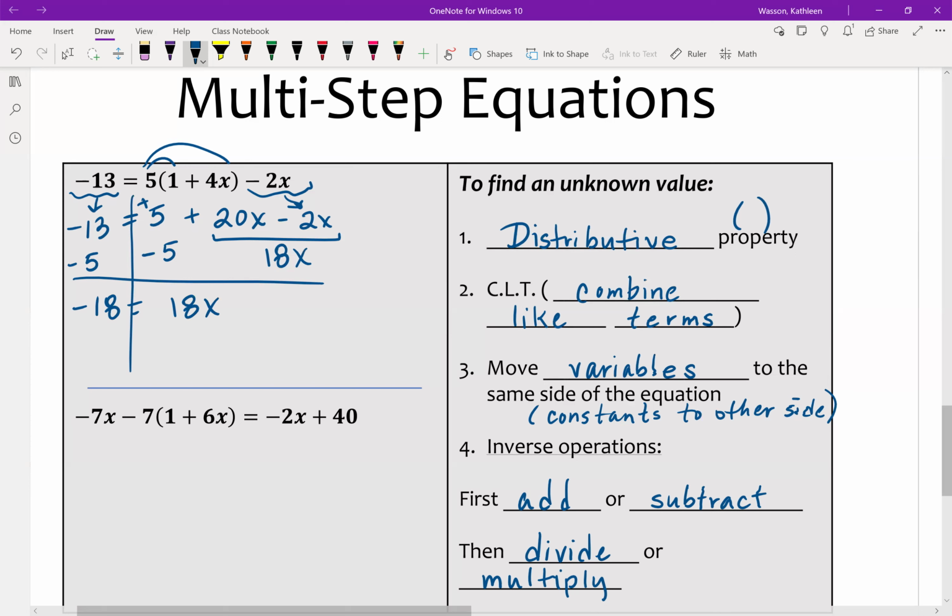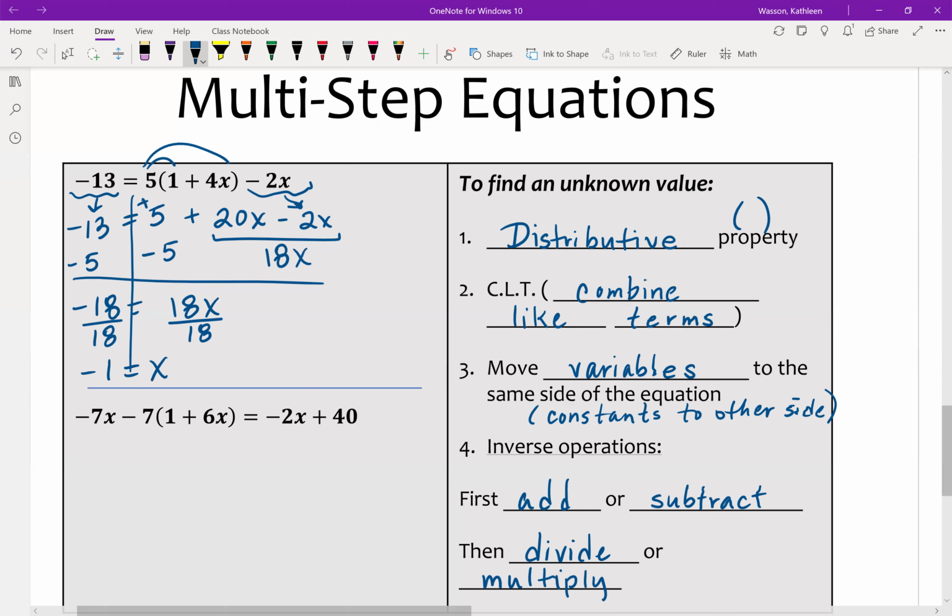Now, I use inverse operations. I need to move this. I just did add or subtract. Now I will divide or multiply. These are multiplied now, so I'll divide by 18. And I find that x is equal to -1.